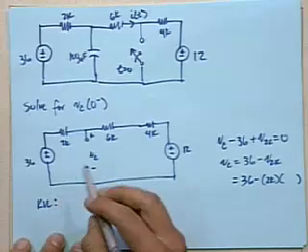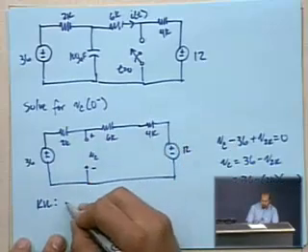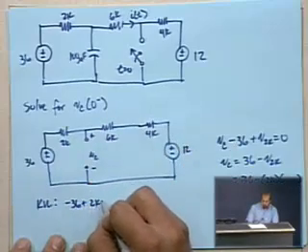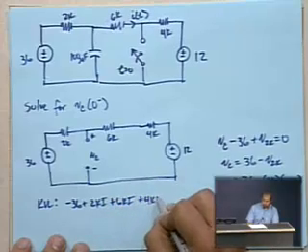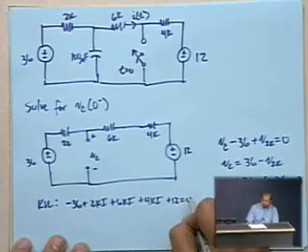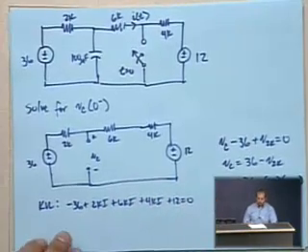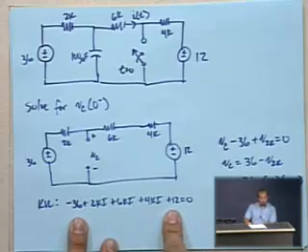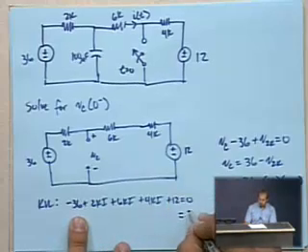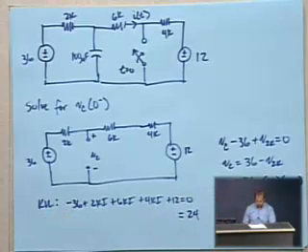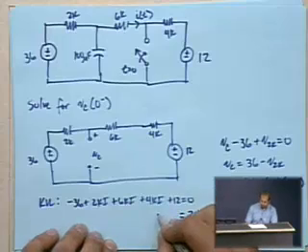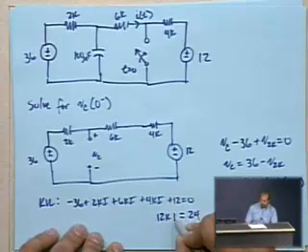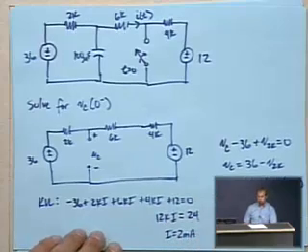So the KVL around the whole loop, we've got negative 36 plus 2K times I plus 6K times I plus 4K times I plus 12 equals 0. So that gives us a negative 24 on this side of the equation, positive 24 on the right-hand side. We've got 2K, that's 8K, that's 12K, so 12K times I equals 24, so I equals 2 milliamps.